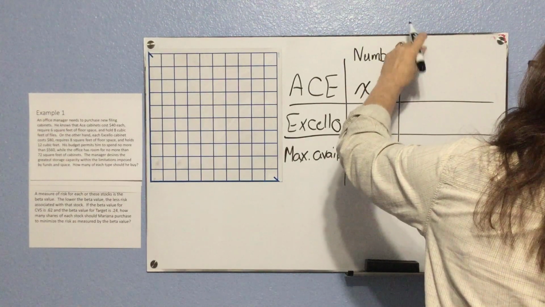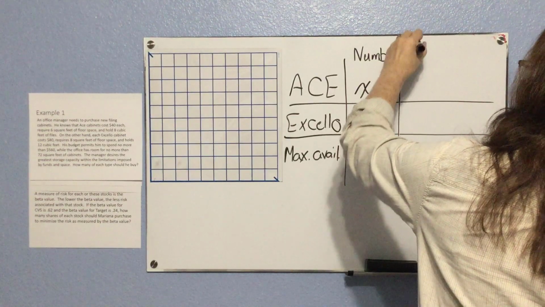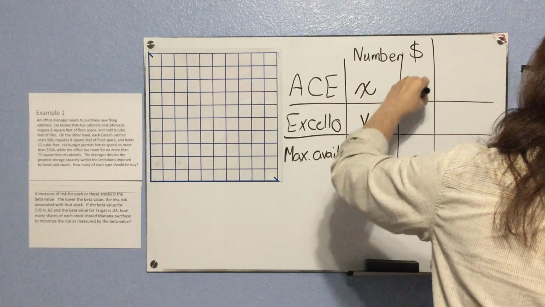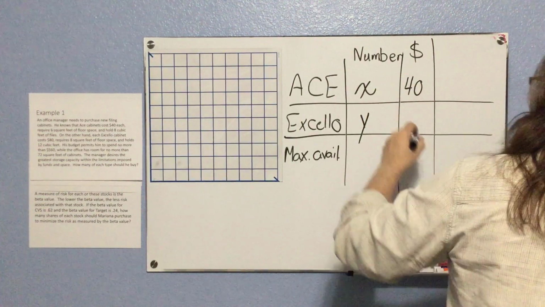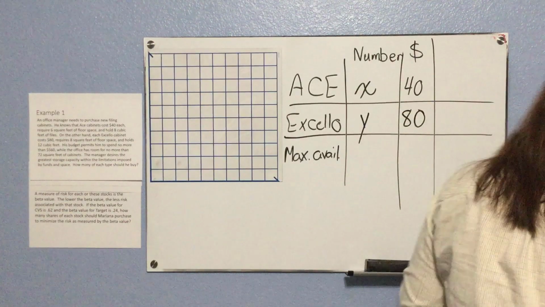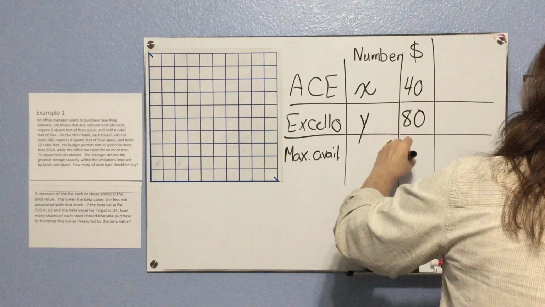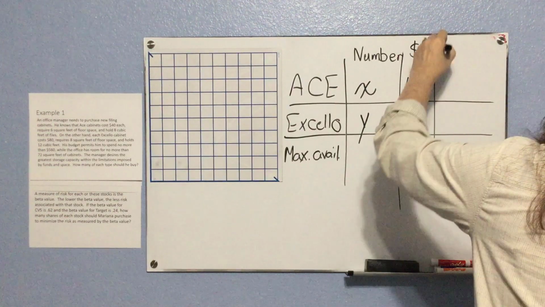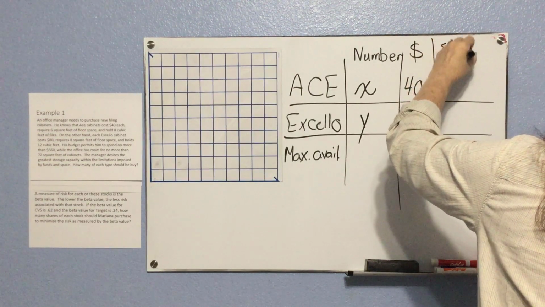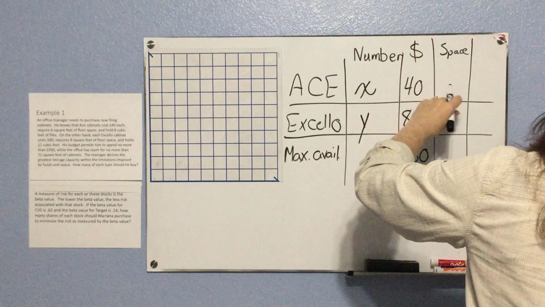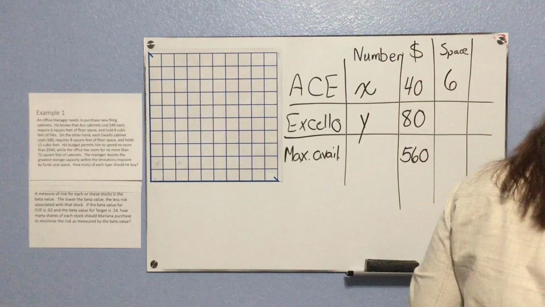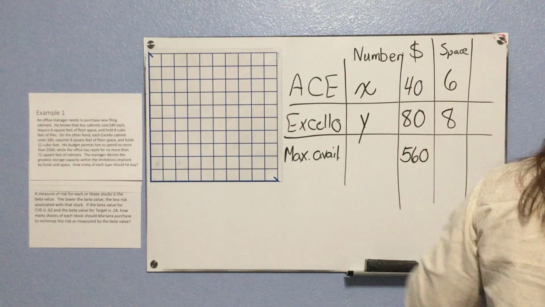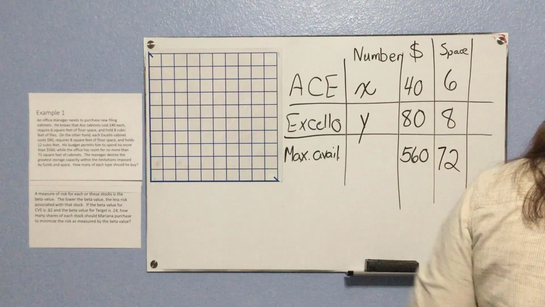And then my next column, I'll make these a little bit smaller, is cost. ACE cabinets cost $40. Excello cabinets $80, and I don't want to spend more than $560. Space. The ACE cabinets need 6 square feet, the Excello 8 square feet, and the total has to be 72 square feet.